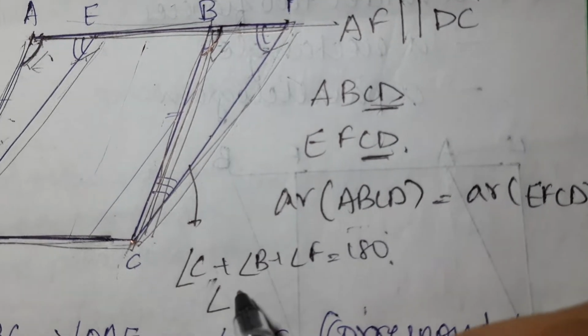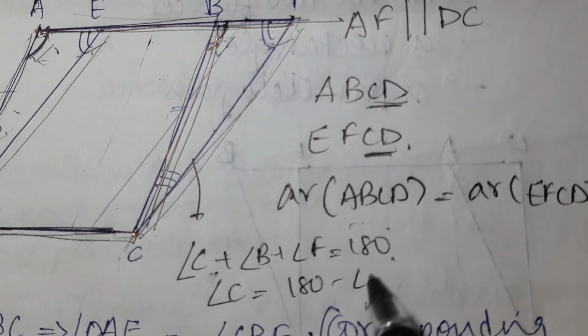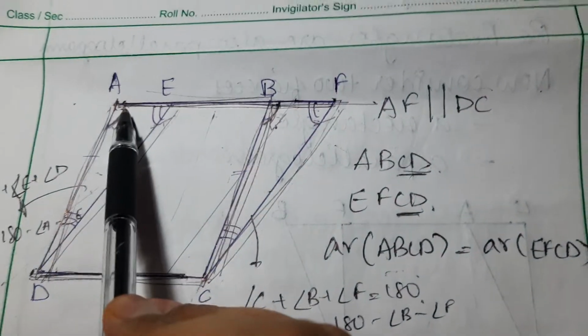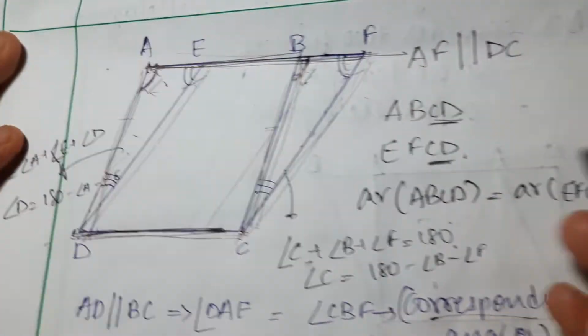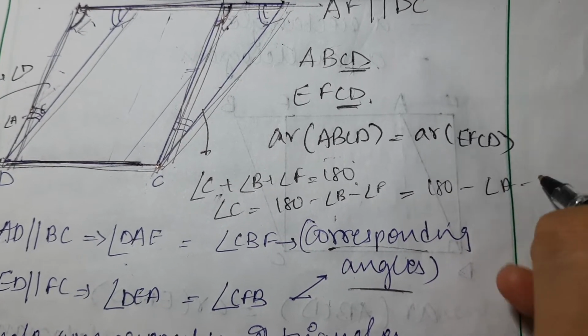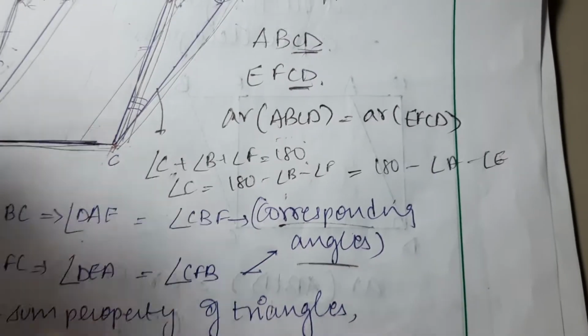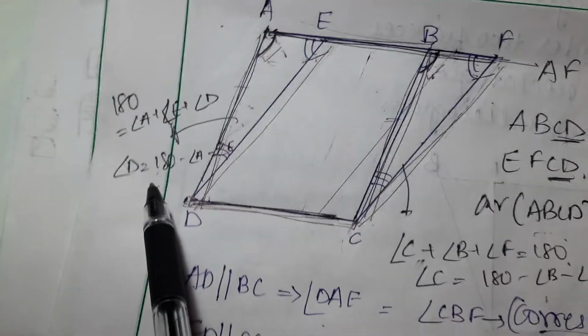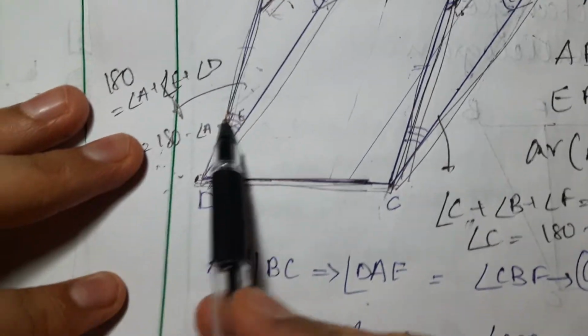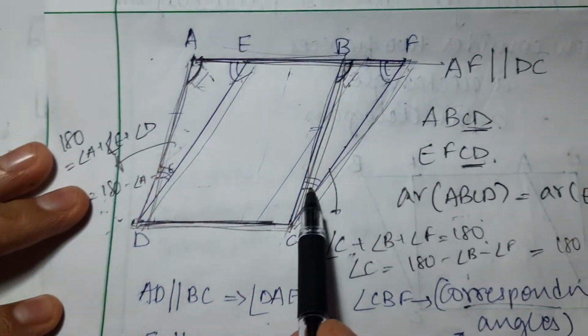That means angle C equals 180 minus angle B minus angle F. But B is equal to A and F equals E. That means 180 minus angle A minus angle E, which is nothing but angle D like we just calculated, right? That means angle D is equal to angle C.